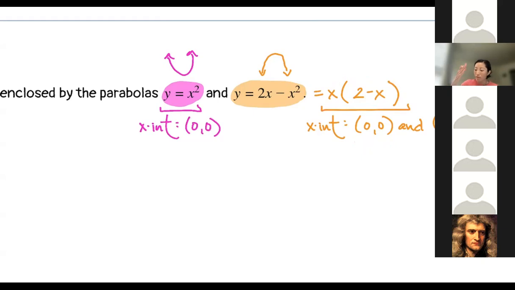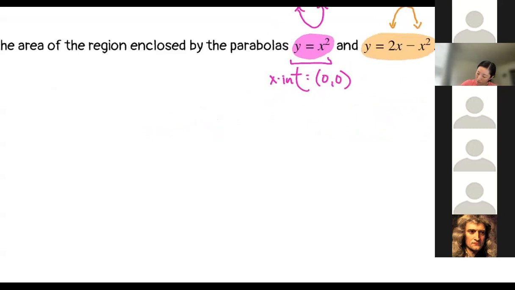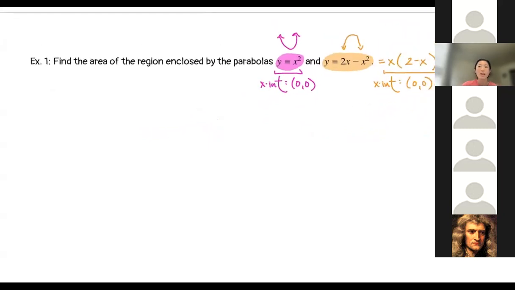And so now we know we've got an upward facing parabola. We know that it has an x-intercept at the origin. And then we have this downward facing parabola that has two x-intercepts, 0, 0, and 2, 0. And so with that information, let's go ahead and sketch a graph of this so that we can see what we are trying to find the area of.